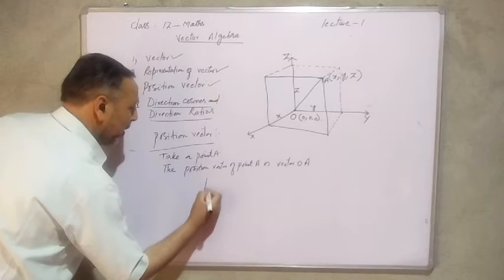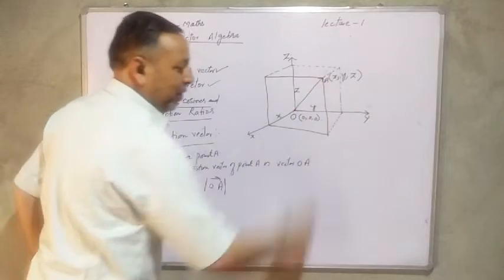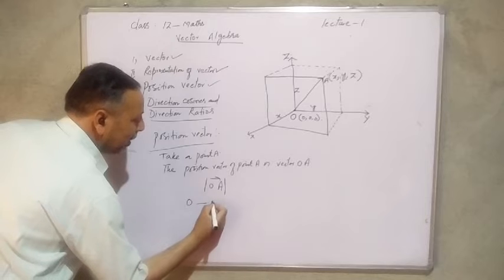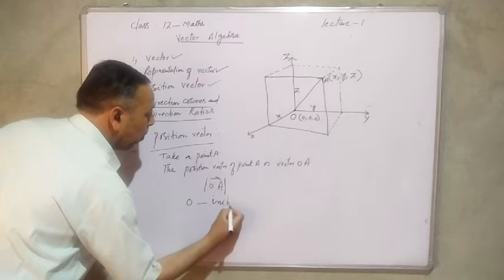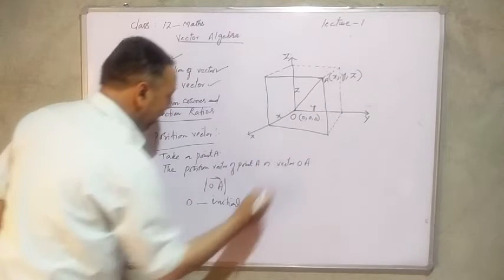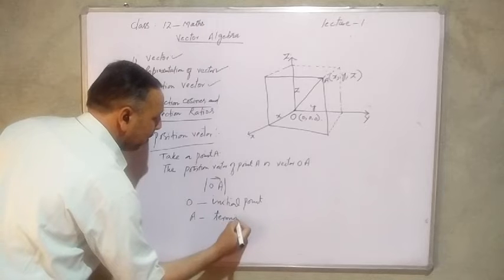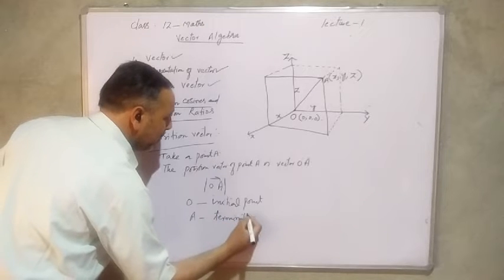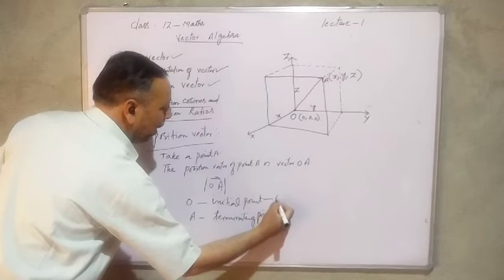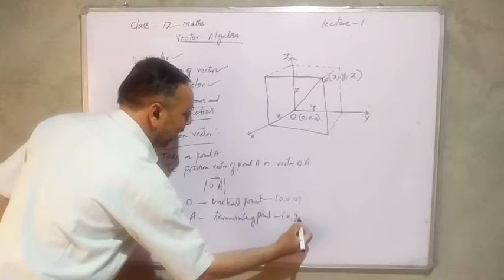This vector OA is the position vector of point A. Here O is the initial point and A is the terminating point. Coordinates of O are 0, 0 and 0, and coordinates of A are x, y and z.